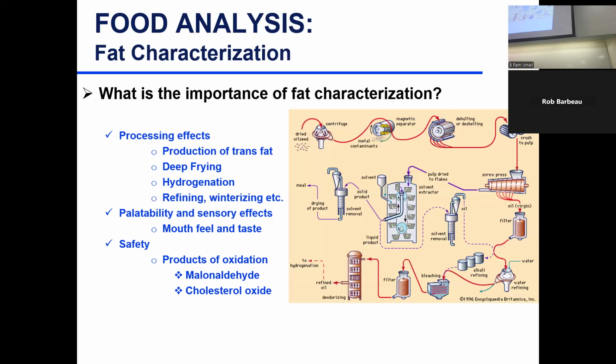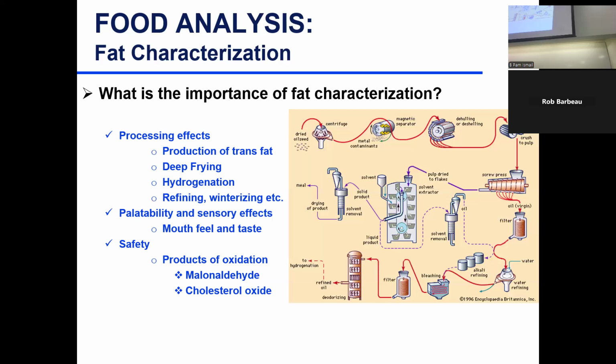So what is refining? You take your oil that has been crushed, the crude oil that you have received, and then you add NaOH to it. NaOH reacts with all of your free fatty acids to give you what? NaOH plus free fatty acid gives you soap and water.